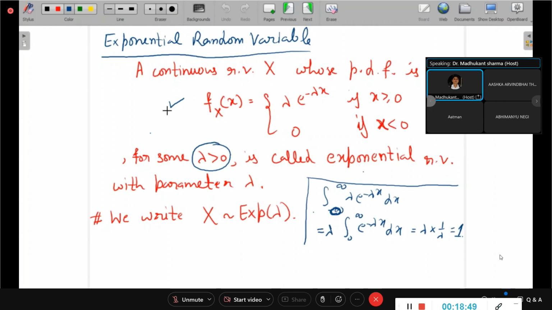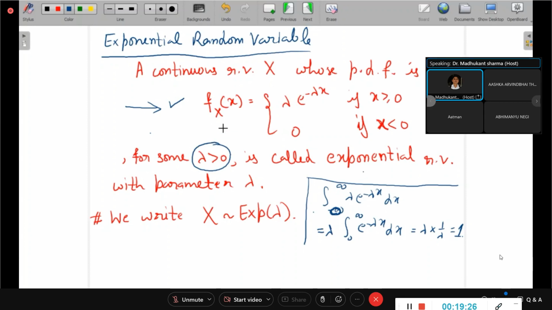We say a continuous random variable X is exponentially distributed if it has the following density: lambda times e to the power minus lambda x whenever x lies on the positive axis, and it is 0 whenever x is on the negative side. So you can assume that X only takes positive values, and here lambda is greater than 0.